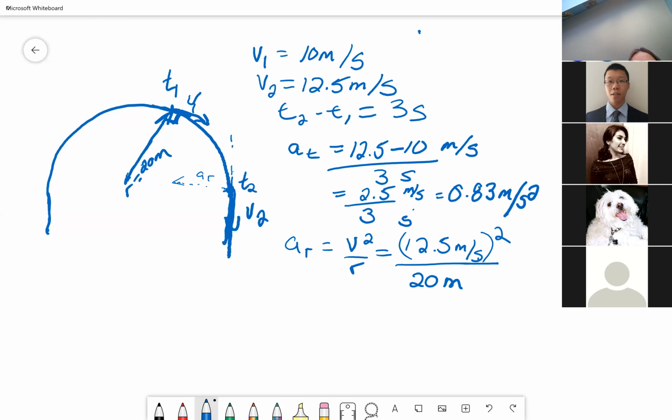The seconds squared and meters squared will cancel the squared there, so we'll be left with meters per second squared. So 12.5 squared divided by 20 is 7.81.